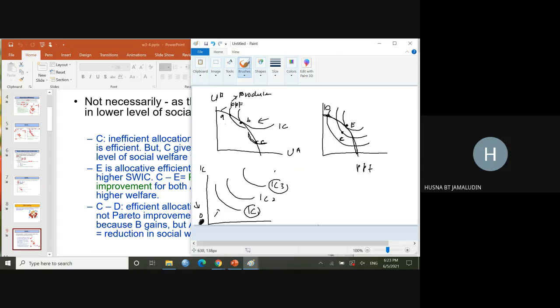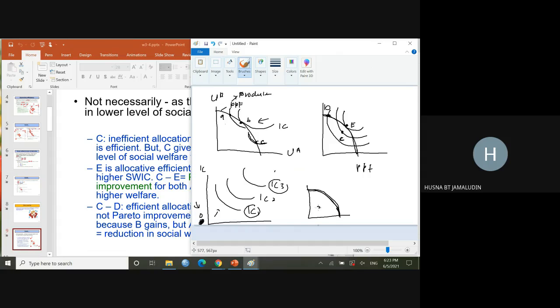But if you want to compare D and C, at point C you are inefficient. Let me draw a new diagram and tell you about the PPF, the Production Possibility Frontier. All the points along this PPF are efficient in terms of your production.